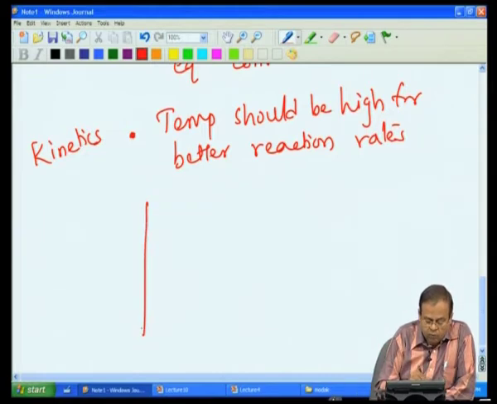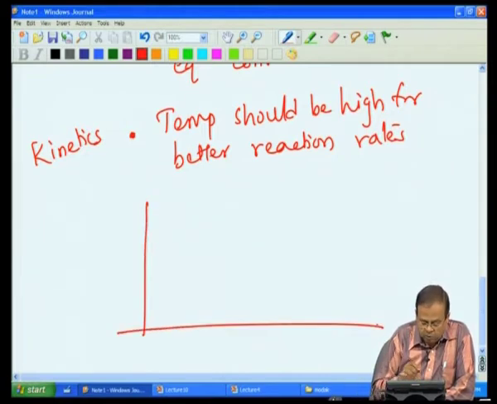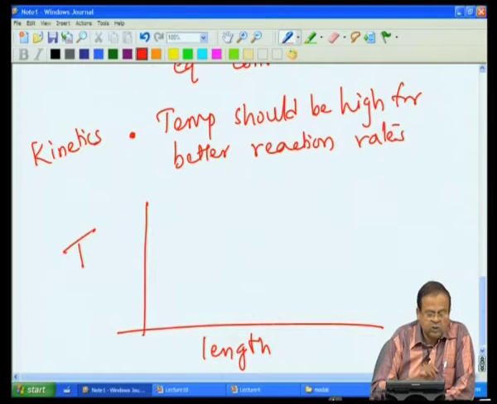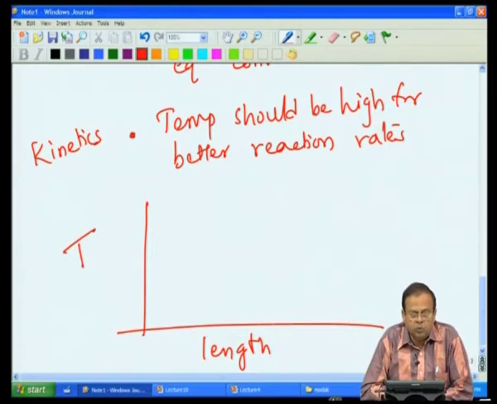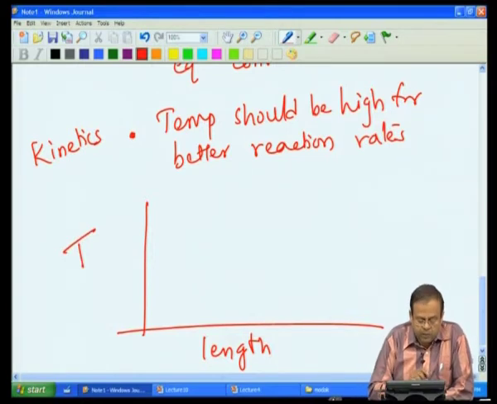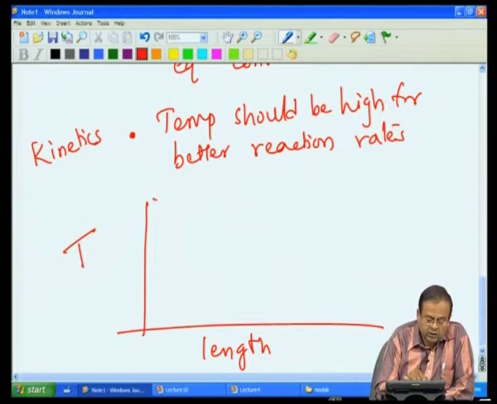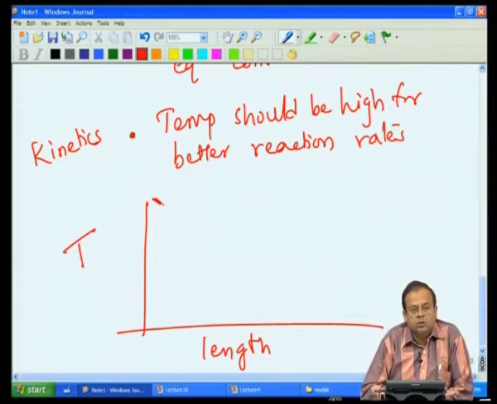So, if you look at a plug flow reactor or fixed bed reactor, for example, as a length, and I see how my temperature is to be manipulated, at the beginning stages I am far away from equilibrium. So, I should focus on achieving the best kinetics. And how can I do that? By having as high a temperature as possible.